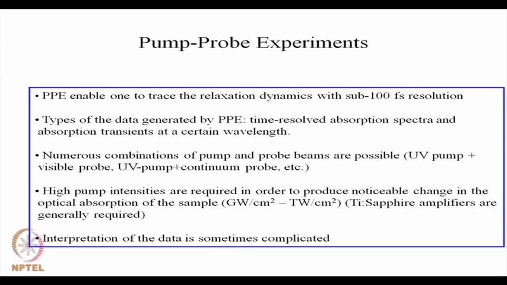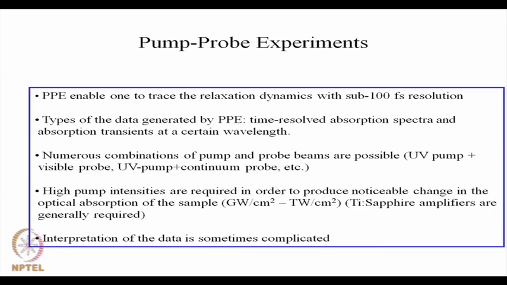Numerous combinations of pump and probe beams are possible. UV pump, visible probe. As I told you, it may be one color, it may be two color. Or in one case UV pump, visible probe, in another case UV pump, continuum probe, maybe blue pump, blue probe.